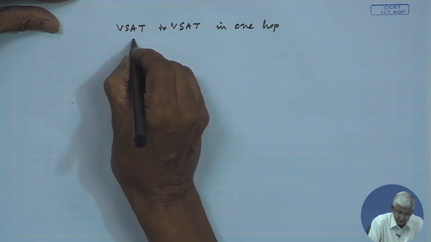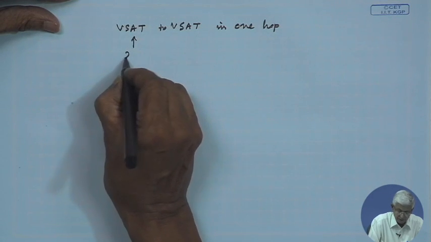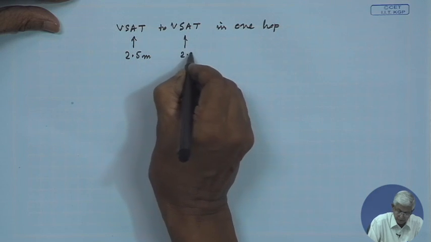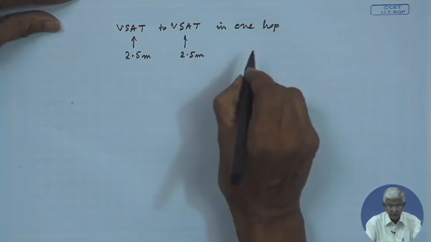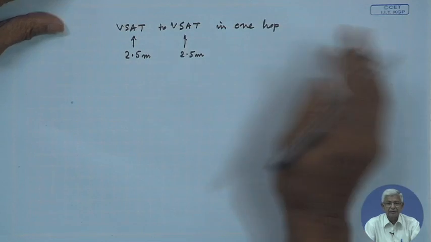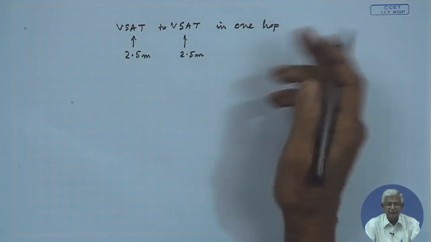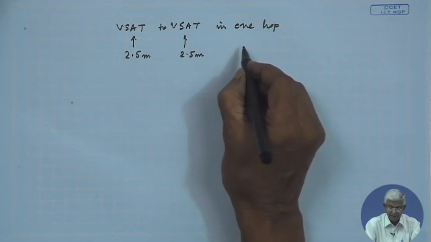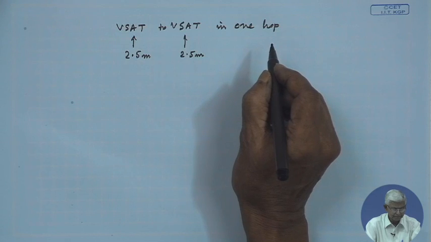You can use a VSAT antenna of the order of 2.5 meter or so. The corporate offices, when they have this VSAT network by their own, use this type of thing where it is much more tolerable. You have a single hop communication.